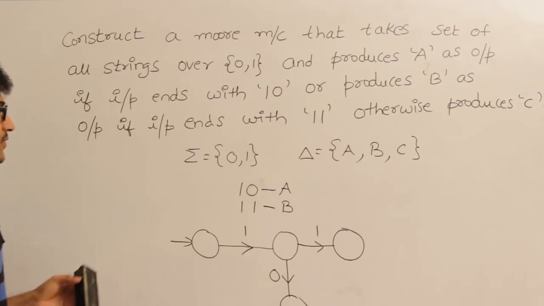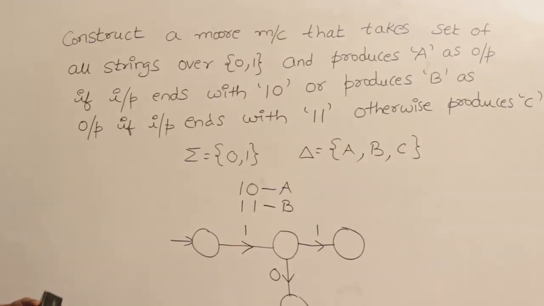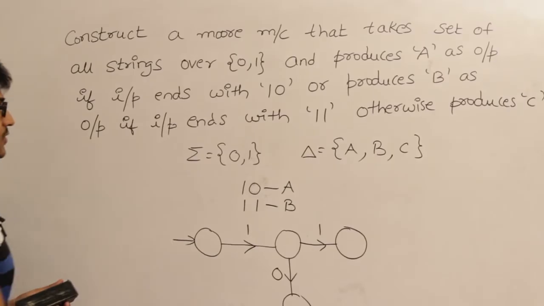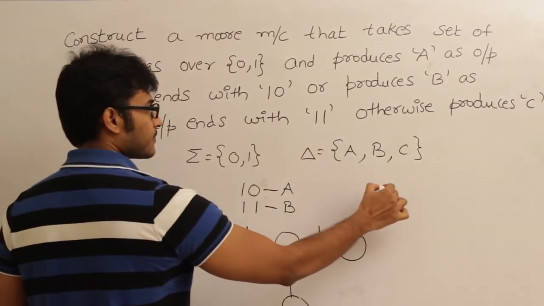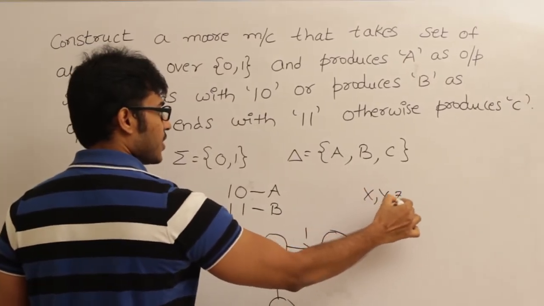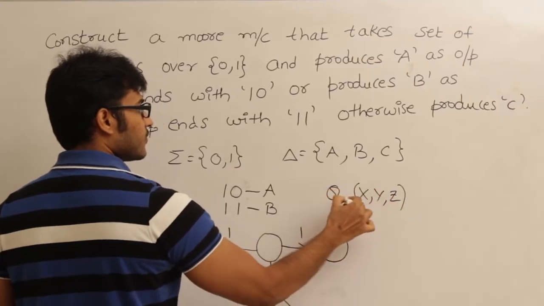Okay. So now let us fill the finite automata. Let us assume that the states are x, y, z and w, because A, B, C have already been taken for delta.